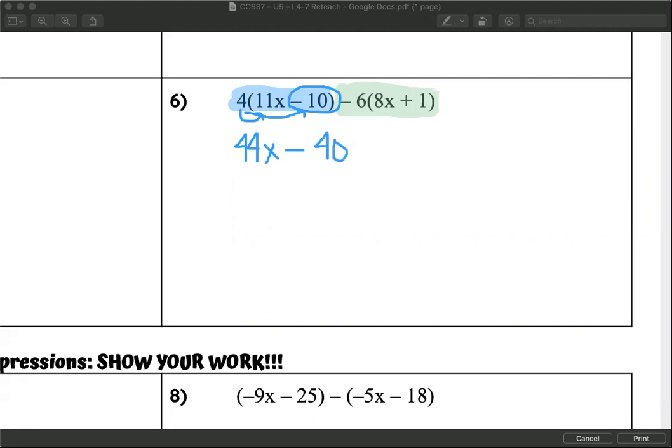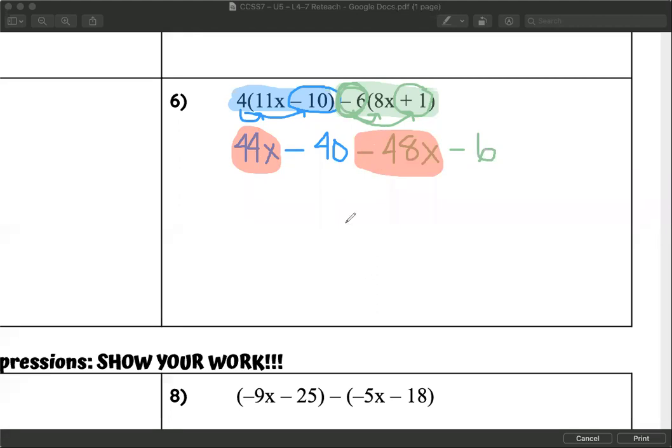For our second set of parentheses, most important part here, we are distributing a negative 6. Negative 6 times positive 8 is negative 48x. And a negative 6 times positive 1 is negative 6. Now I can combine my like terms. We've got positive 44x and negative 48x.